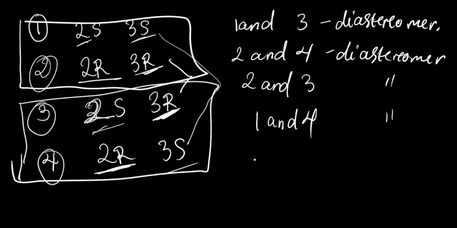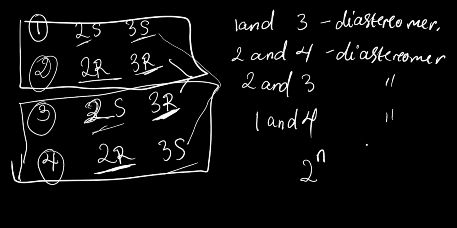Now for a given compound with n number of asymmetric centers, there are 2 raised to the power of n possible stereoisomers. So for the given compound, which was 3-chloro-2-butanol, we had 2 asymmetric centers.